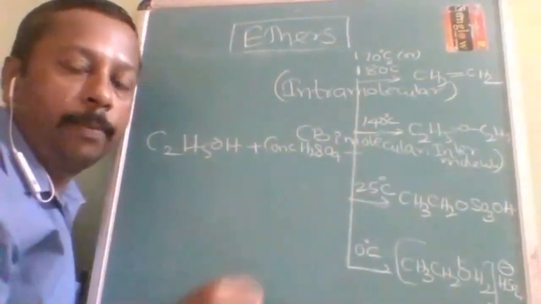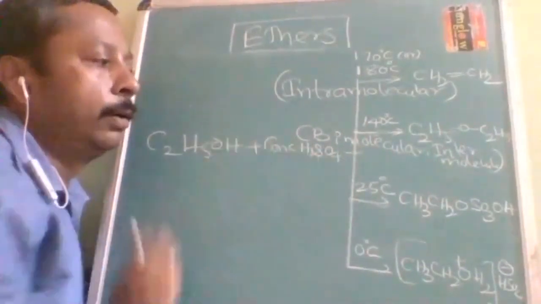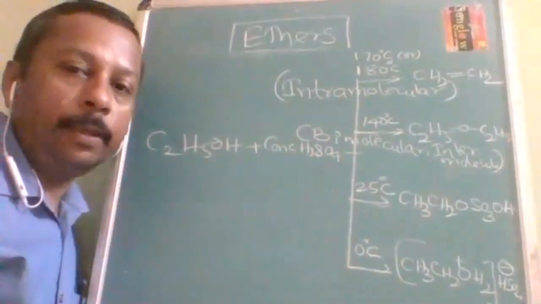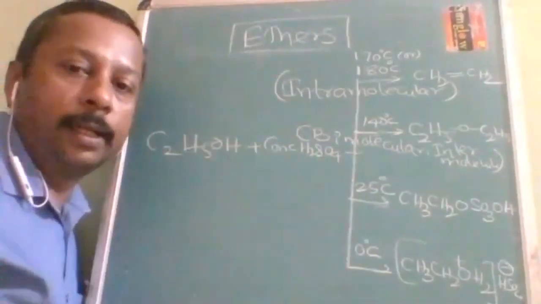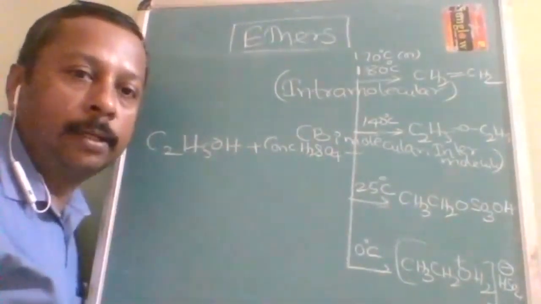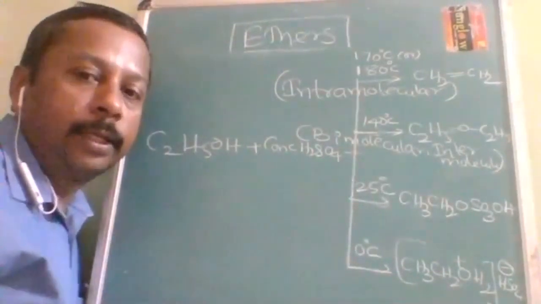When the temperature is further reduced, the sulfuric acid also participates in the reaction with the alcohol. Till now it was acting as a dehydrating agent only, but here it contributes by providing something to the reaction.